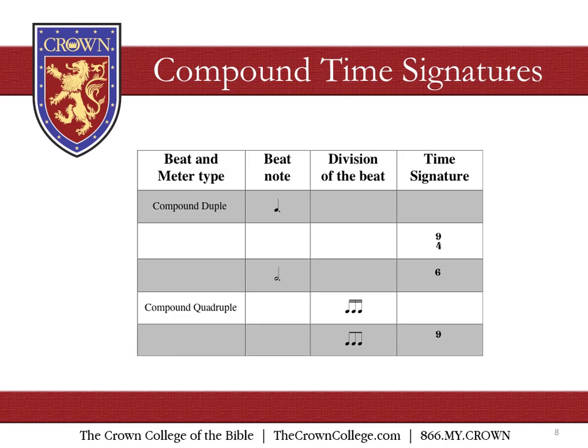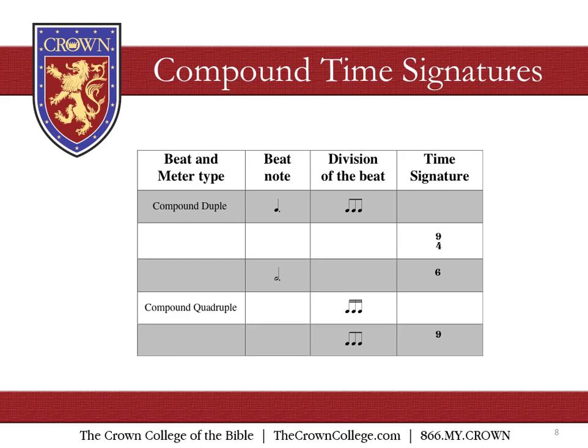We're told that our beat and meter type is compound duple, and that our beat note is a dotted quarter note. Remember, in a compound time signature, our beat note is divisible by 3. How do I equally divide a dotted quarter note? 3 times. It divides into 3 eighth notes.